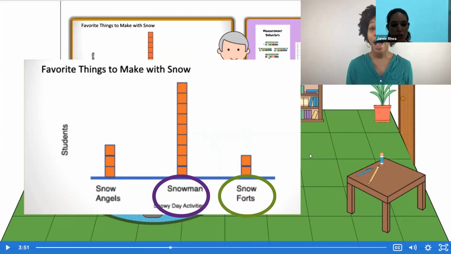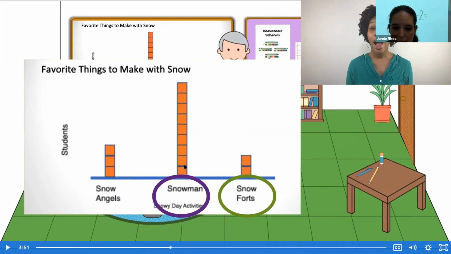All right, so we knew that there were 9 people that like to build snowmen. How many like to build snow forts? 2. So we want to find out how many more people build a snowman than a snow fort. So we're going to take away, okay? So what is 9 minus 2? I don't know. I could do a couple different things, but I could also look at my chart.